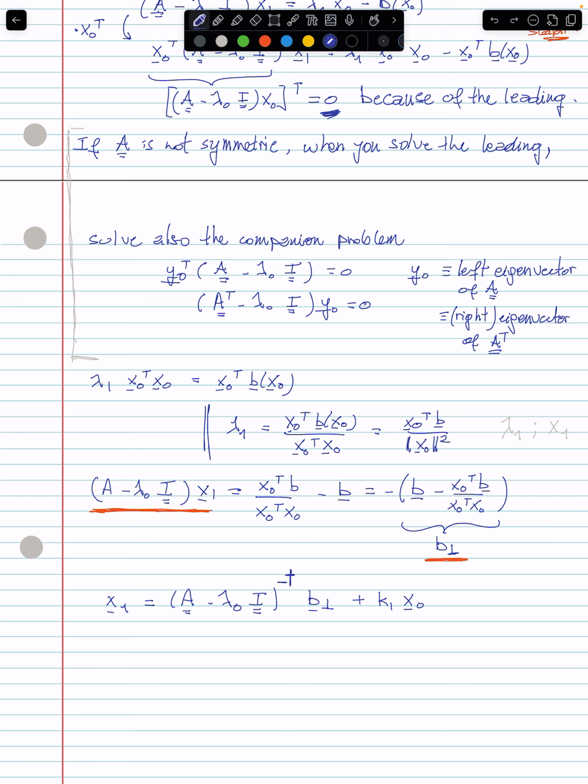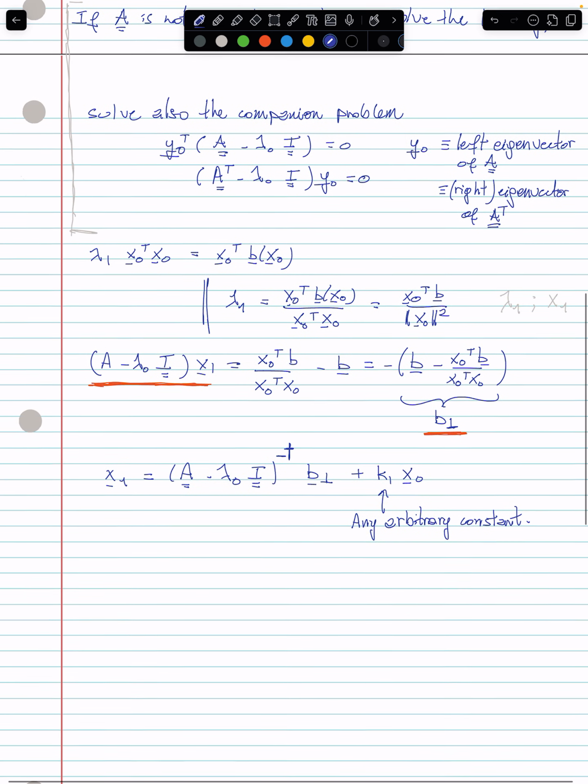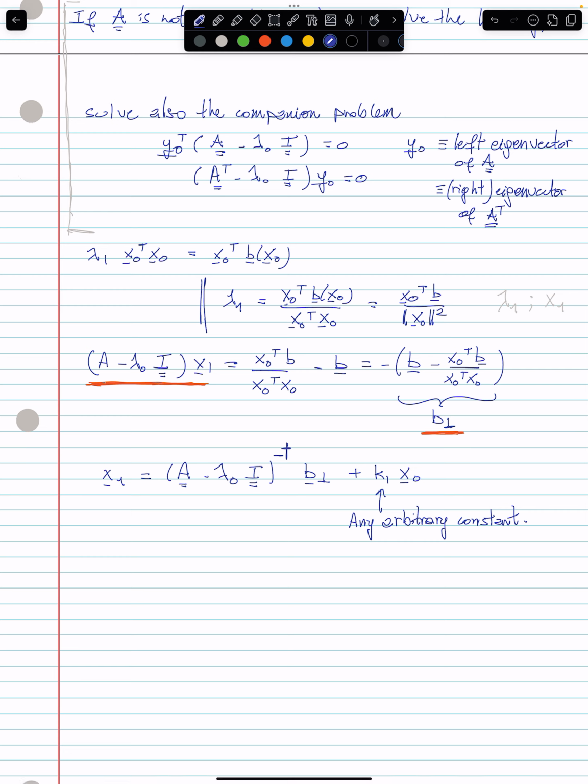All right, and so k is just here any arbitrary constant. And you may want to choose that constant in such a way to normalize the eigenvectors up to something desired, as you wish to do, or as probably you used to do.